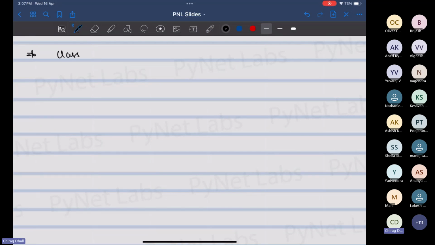We have discussed that class A, class B, and class C are available for public use. The ranges of these classes: class A is from 0 to 127, class B is 128 to 191, and class C is from 192 to 223.